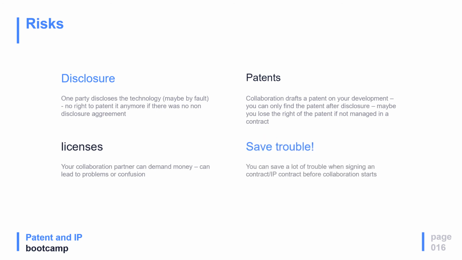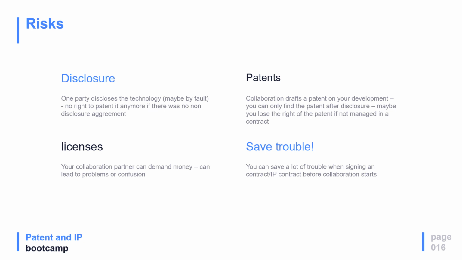So let's talk about some risks in IP contracts. One could be, for example, that someone discloses the technology, for example by fault. Then it is really important that you have a non-disclosure agreement. It was a fault, and it should not have been disclosed to the public. Or maybe you can also sue your collaboration partner if necessary.